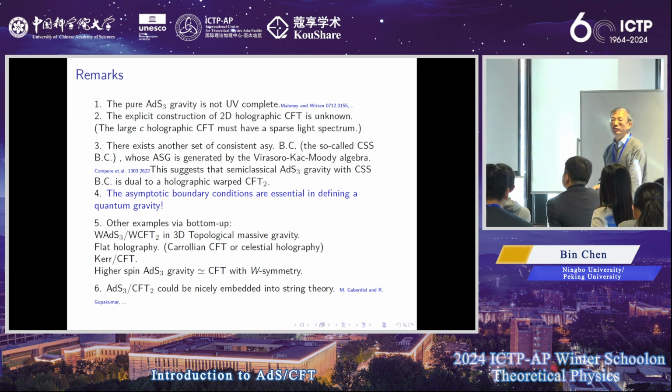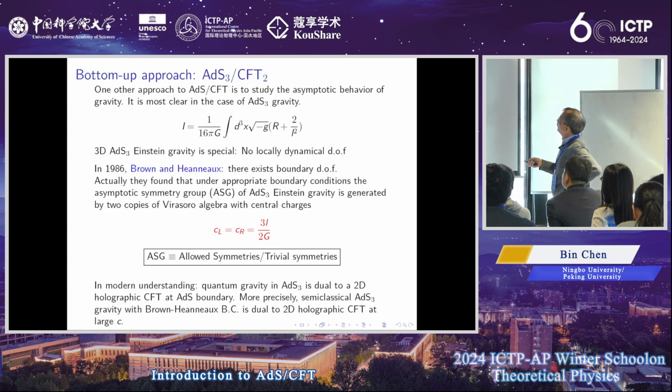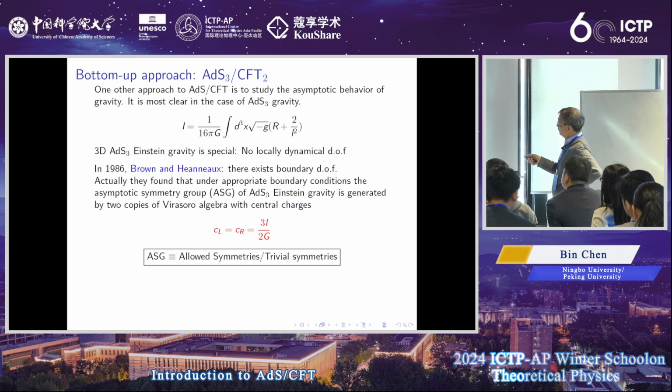Yeah. Can you explain more about the central charge? Okay. Here the central charge comes from the Virasoro algebra on the field theory side.